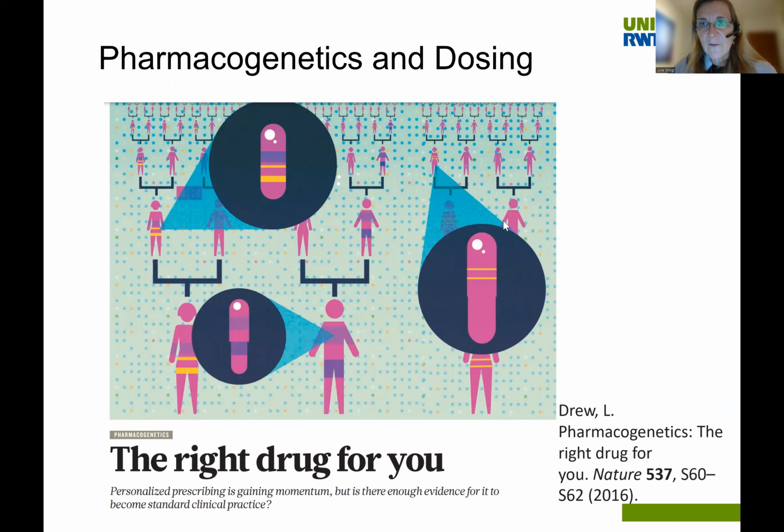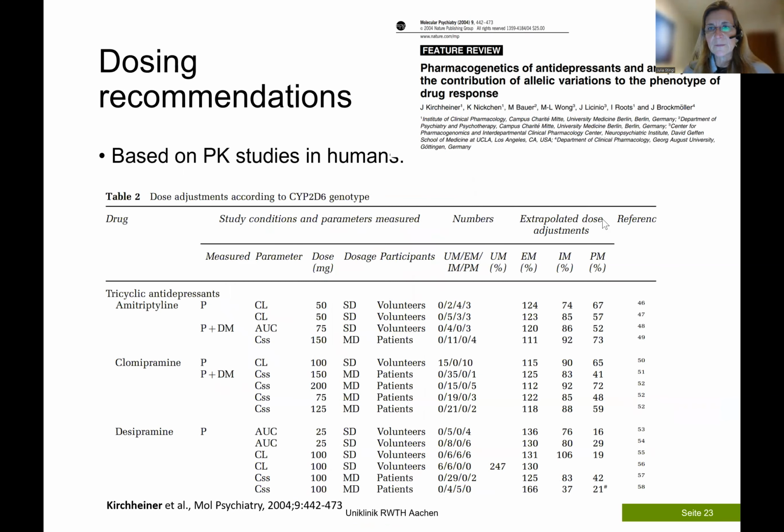Pharmacogenetic analyses have been done, and there are guidelines already promoting pharmacogenetics in drug therapy. The pharmacogenetic influence can be adjusted in precision dosing. So the individual dose may depend on the individual metabolic clearance, and we can transform differences in clearance of certain drugs into dose adjustments.